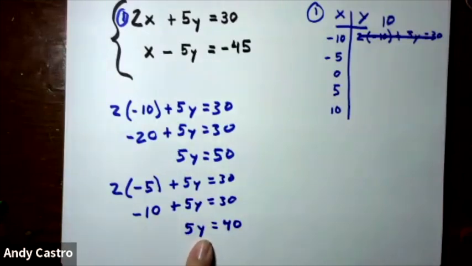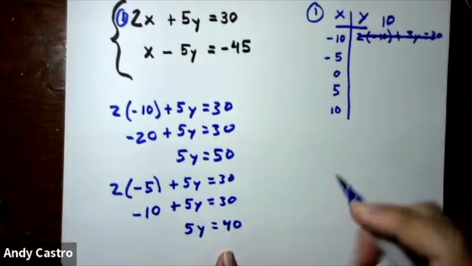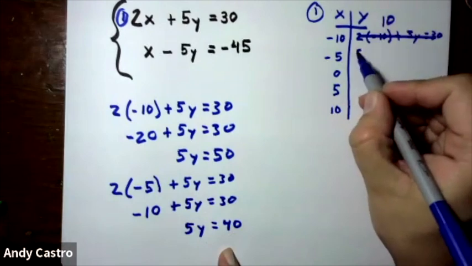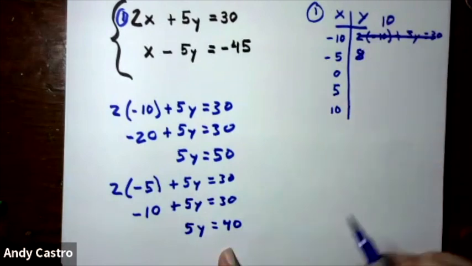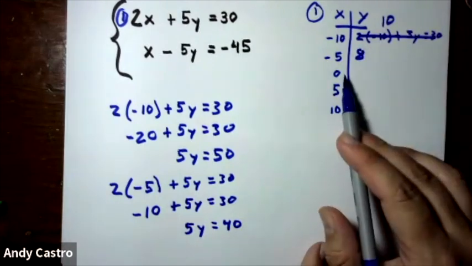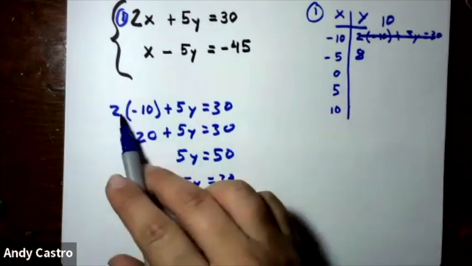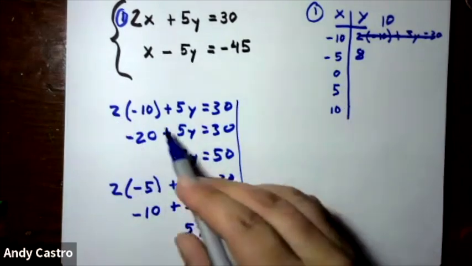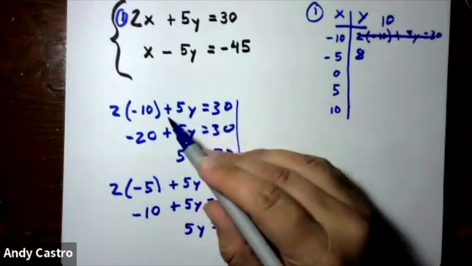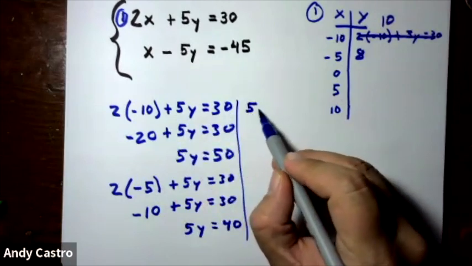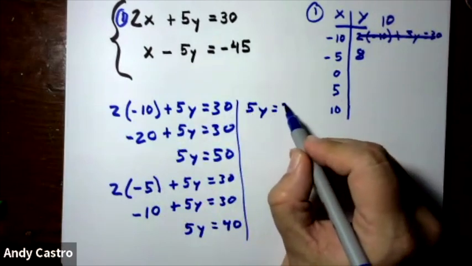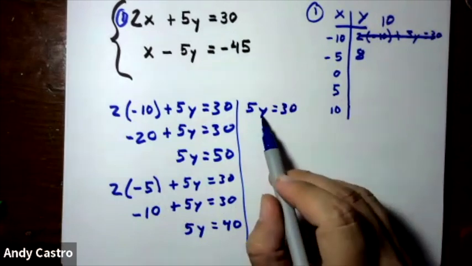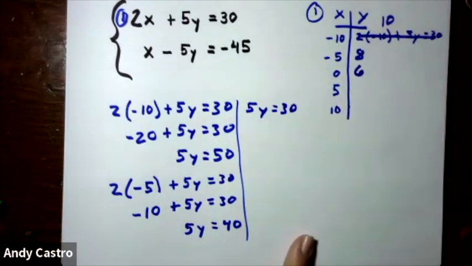So 5 times 8 gives me 40. So this -5 makes my y become 8. Next is 0. That'll be a little bit easier. 2 times 0 is 0, so that just leaves me with 5y is equal to 30. Y has to be 6.